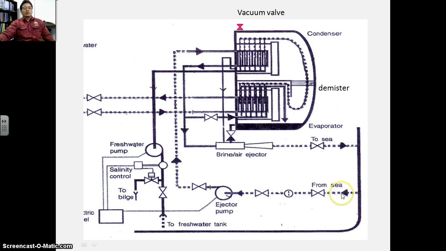For the seawater pipe, there is a suction valve and an ejector pump. Seawater goes to the condenser plate at the top. Out of the condenser plate, some goes to the brine injector, and some is fed to the evaporator plate.